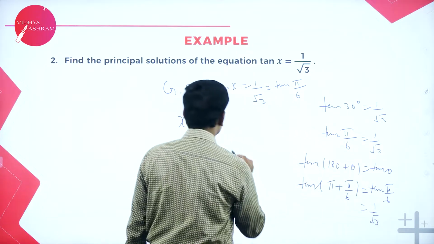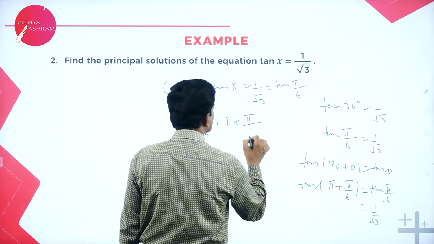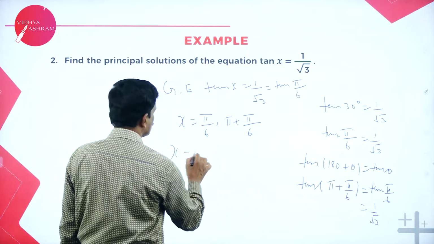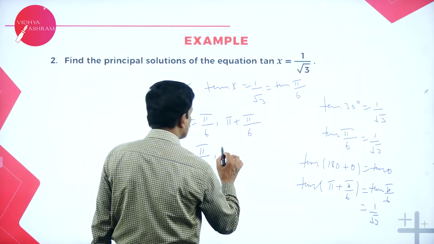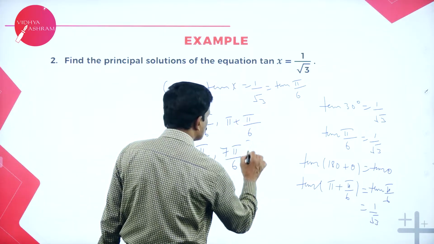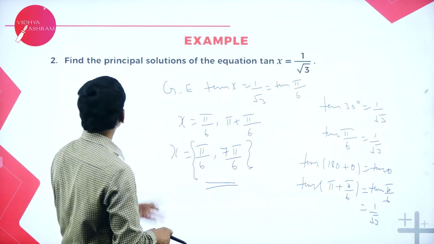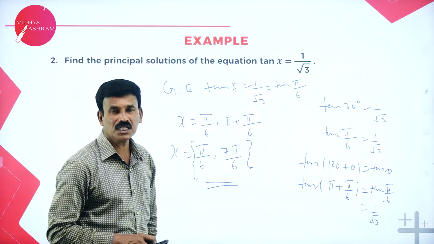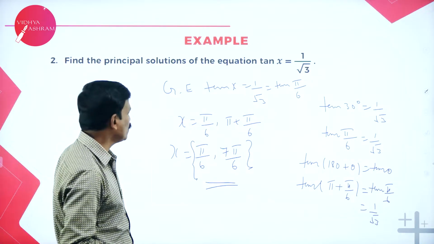So x is equal to pi by 6, and another value is pi plus pi by 6, that is 7 pi by 6. So the principal solution for the equation tan x is equal to 1 by root 3 is pi by 6 and 7 pi by 6.